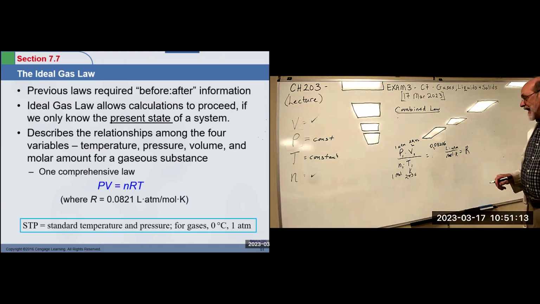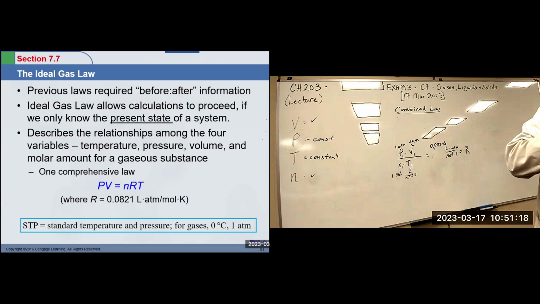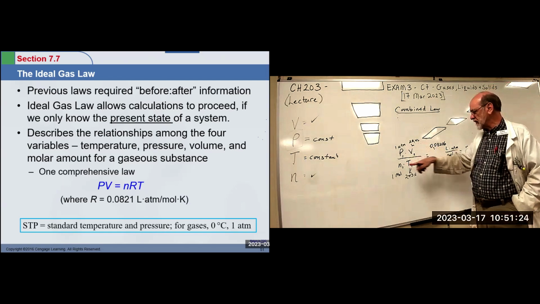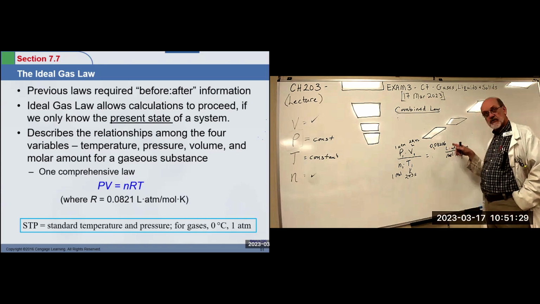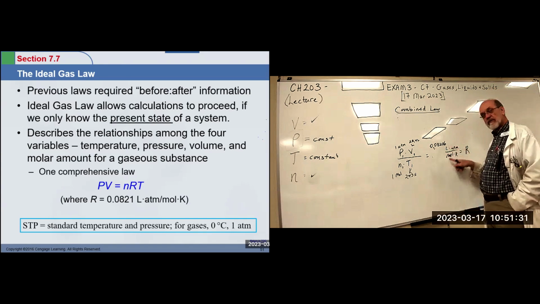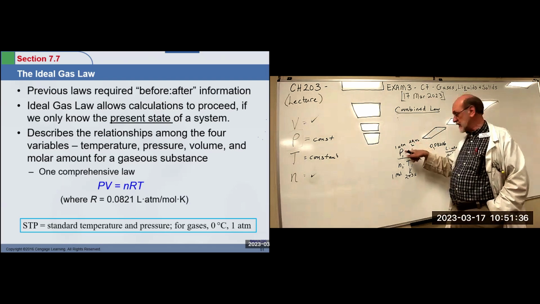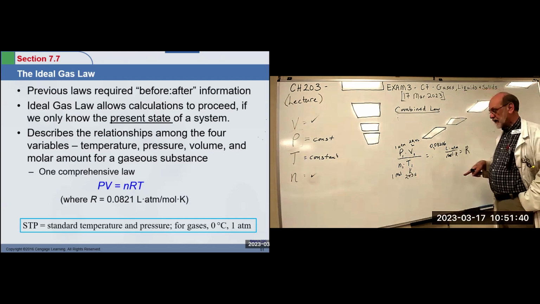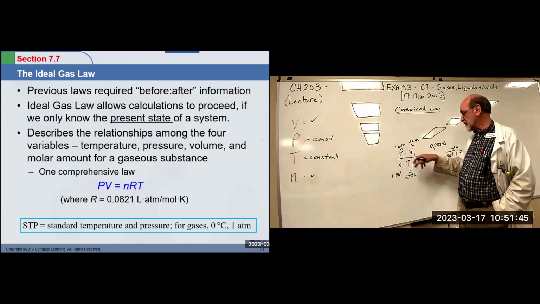Okay. Now, the danger here is that you plug in the wrong units for these. Since this constant has a set unit structure, liter atmospheres per mole K, then these values also have to be liters, atmospheres, moles, and K. So if you're given a problem where the pressure is something else, then you've got to convert it to atmospheres.